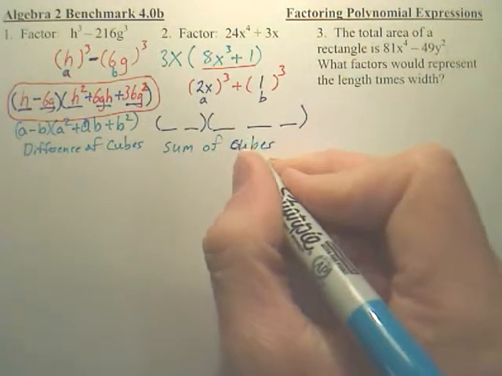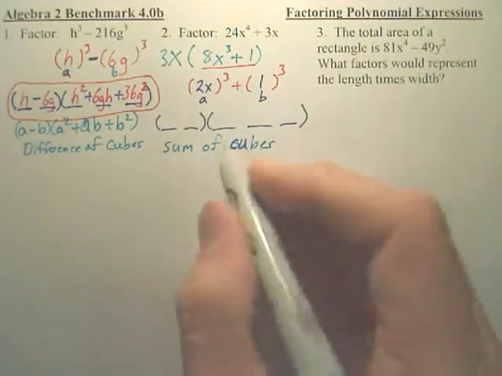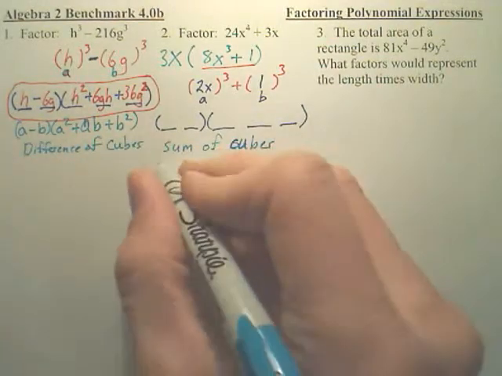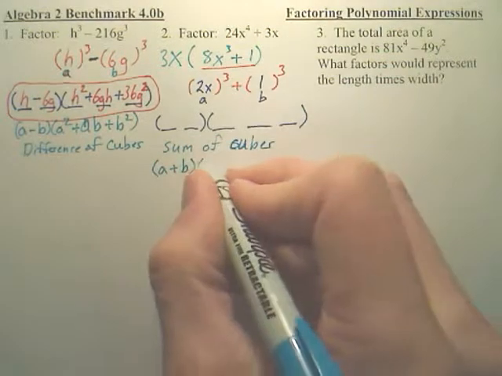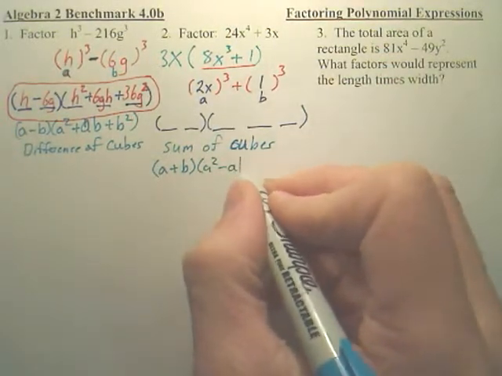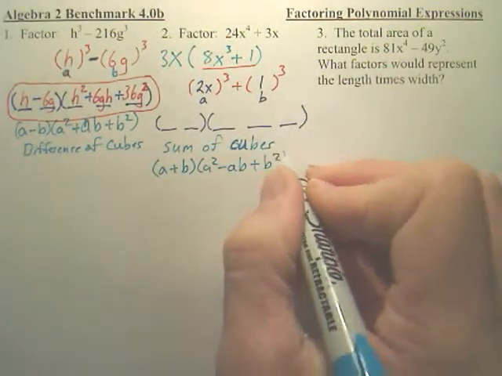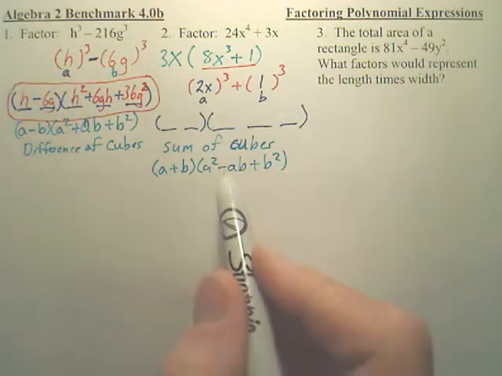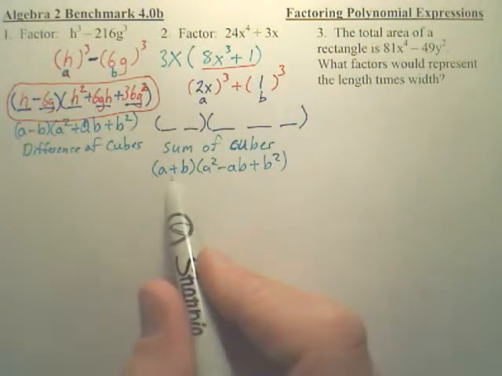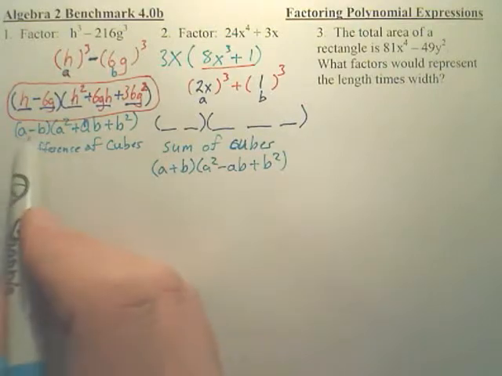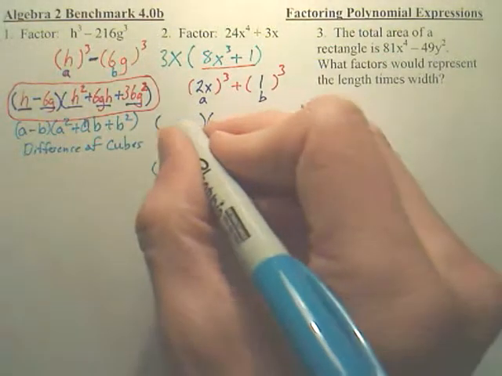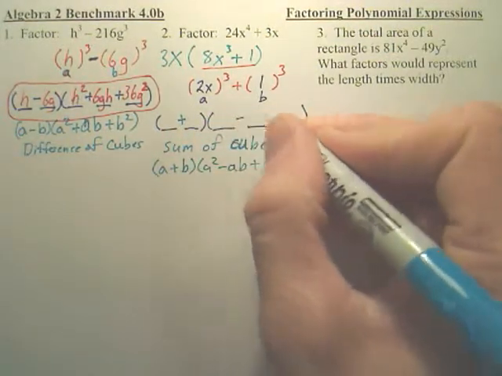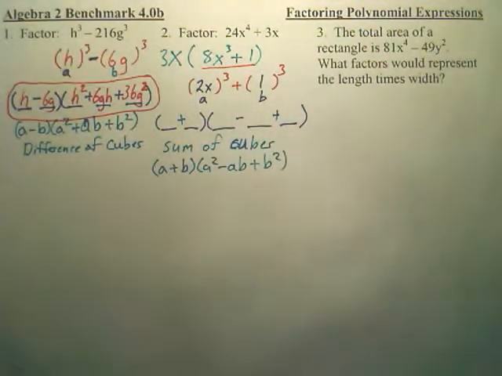Sum of cubes is very similar to this formula, except the signs change. So it's a plus b instead of minus, and then it's a squared minus ab plus b squared. What you notice between these two is that this one has the minus second, plus minus plus. Here with the difference of cubes, the minus is first, and these are both positive. So we put a plus here, a minus here, and a plus here.